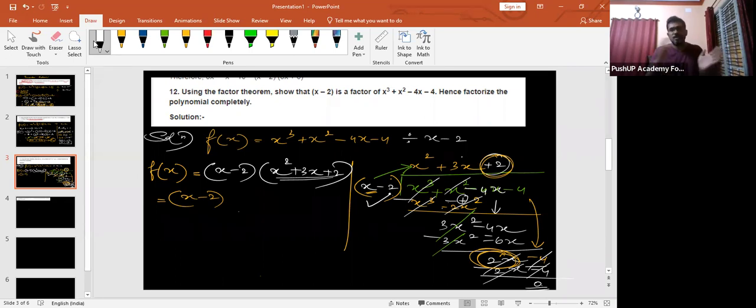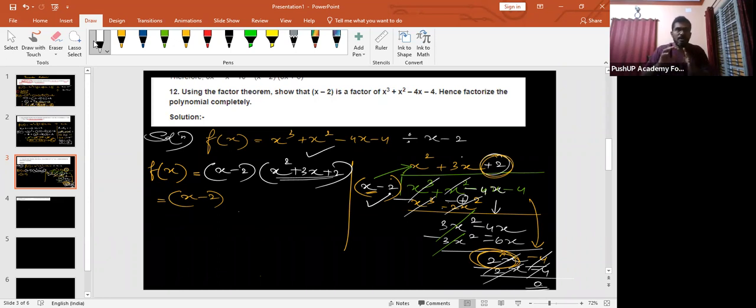The child is again losing time on long division method, and has to spend a lot of time factorizing that quadratic expression also. On an average, children use around 5 to 7 minutes to solve such kind of sums, isn't it?